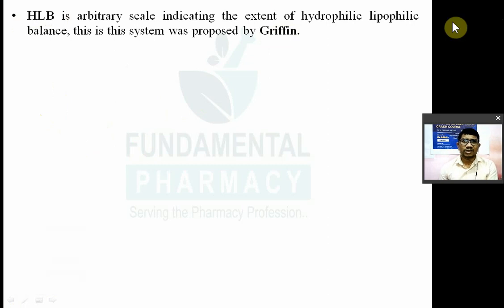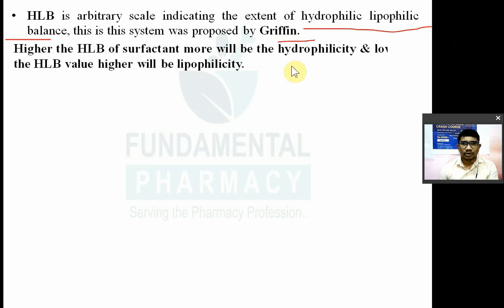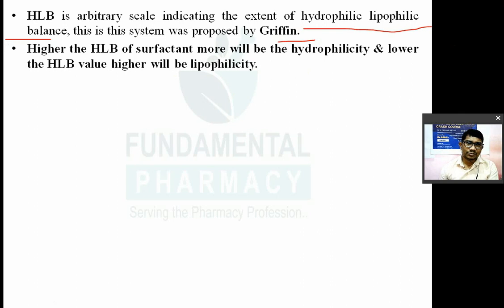So HLB is nothing but the arbitrary scale that gives the extent of hydrophilic lipophilic balance. How much hydrophilic lipophilic balance is there in a molecule? And this system was proposed by Griffith in 1920. HLB scale is ranging from 0 to 20.